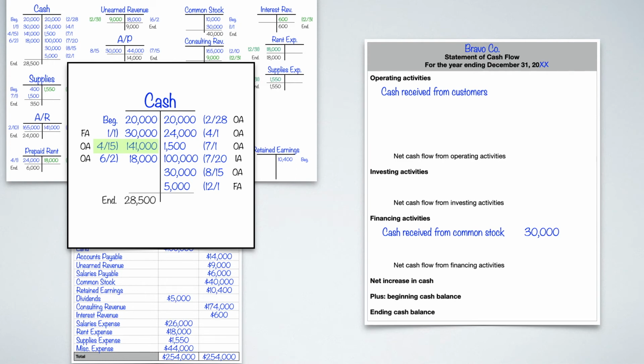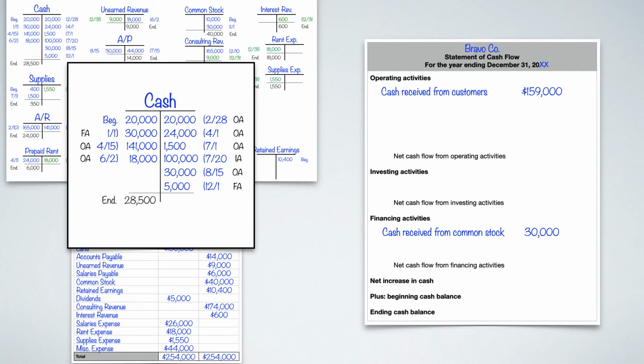The other debit is going to be 6.2, and that is also for customers paying us. They prepaid us up front, so it was an unearned revenue for us, but they did give us the cash up front. So both of these are actually coming from customers. I'm going to add those together, and it's going to be 159. So 159,000 from customers. That's all of my positive numbers.